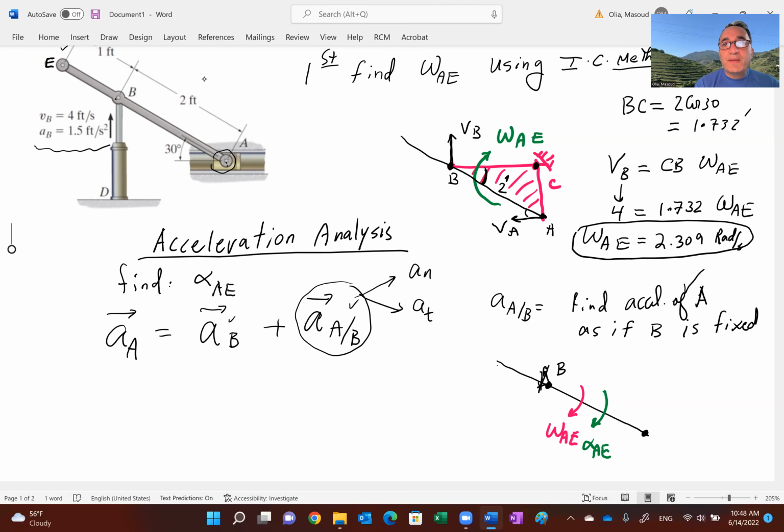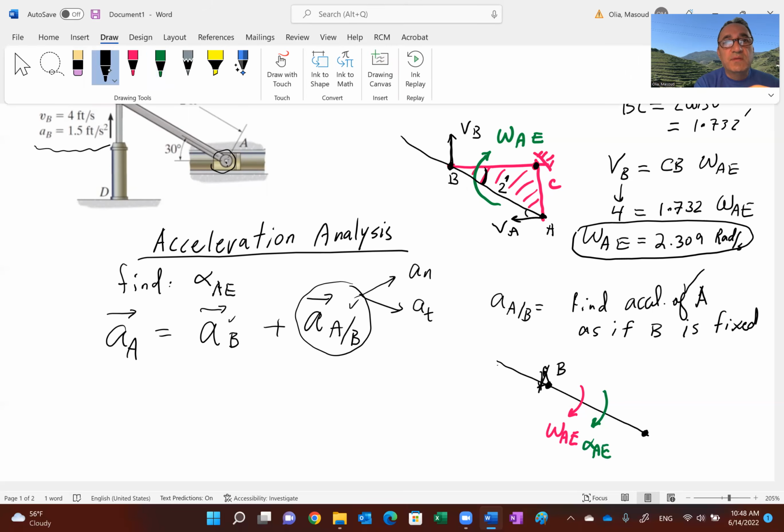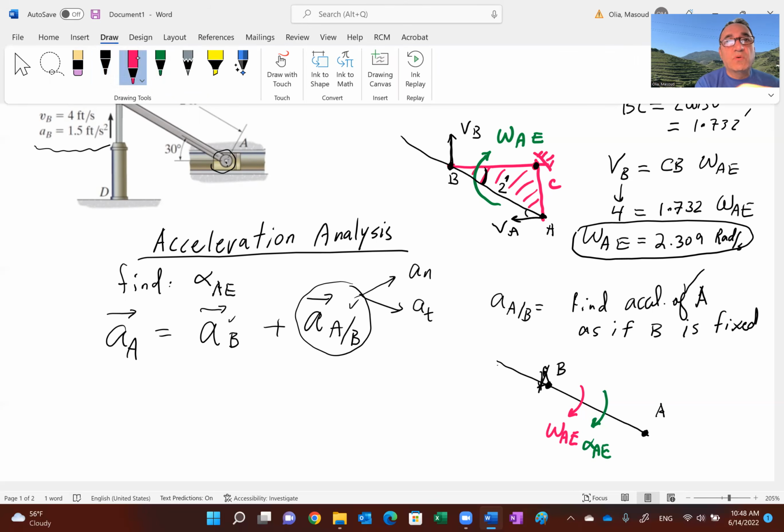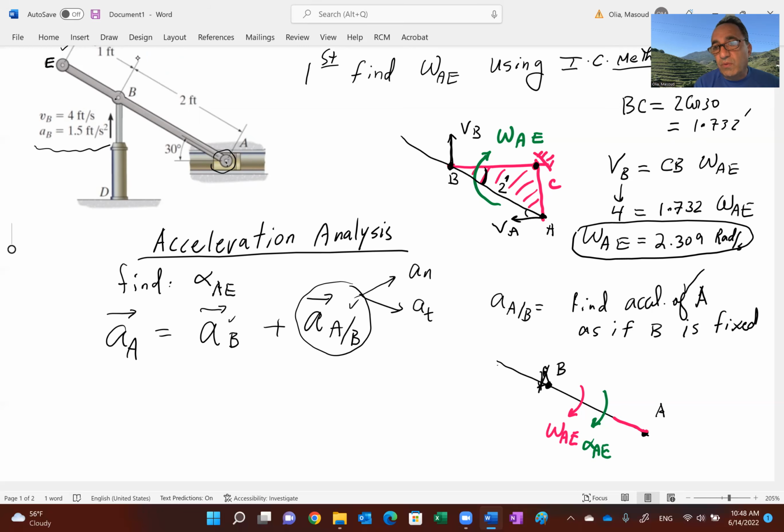So this part, there are two components. You want to find the acceleration of A as if what? B is fixed. So there are two components of this acceleration. Let me go back to red. So there is a normal component, and there is a tangential component in the direction of assumed alpha. See, alpha AE is assumed to be clockwise, right?